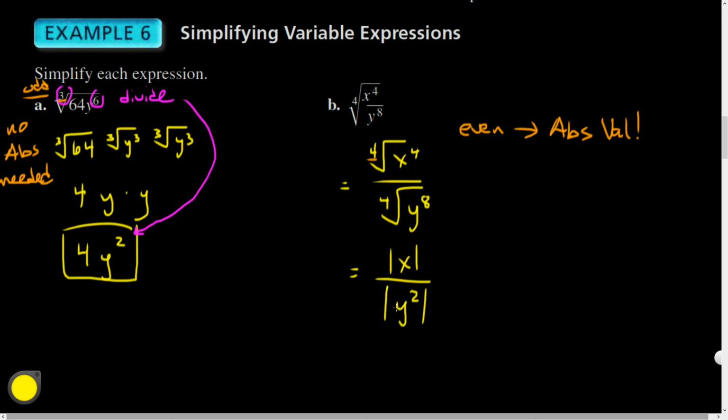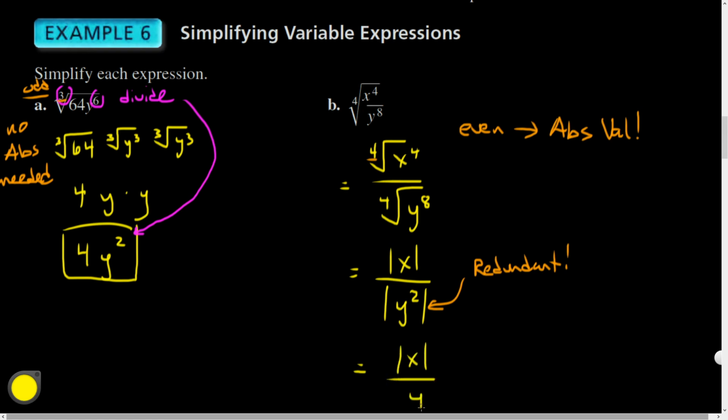But wait, this absolute value is redundant, meaning it's unnecessary. Now, let me explain why. Because y is being squared, even if y is negative, squaring it will make it positive, and then so I no longer need the absolute value.